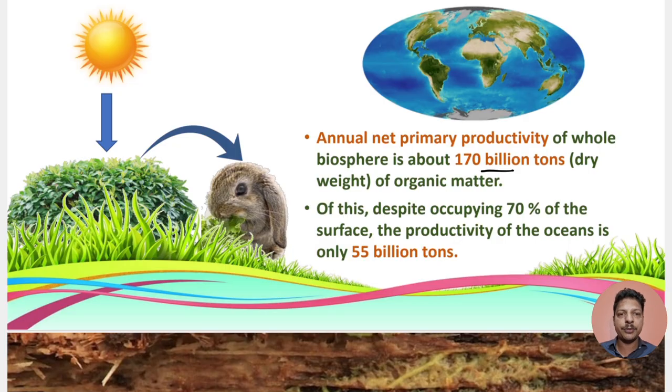The whole biosphere produces about 170 billion tons, that is the annual NPP. Of this, despite occupying 70% of the surface, the productivity of the oceans is only 55 billion tons. We all know 70% of the earth's surface is occupied by oceans, but their productivity is way below. Remember.